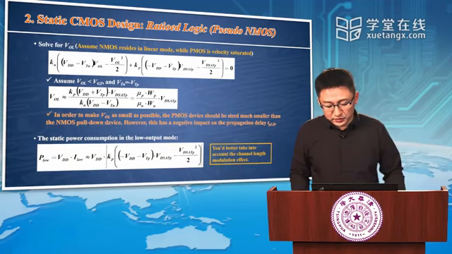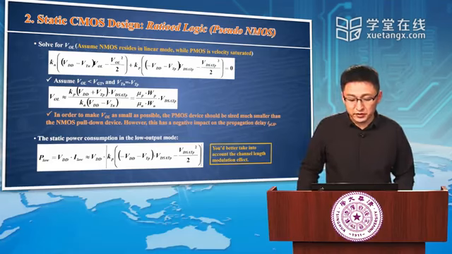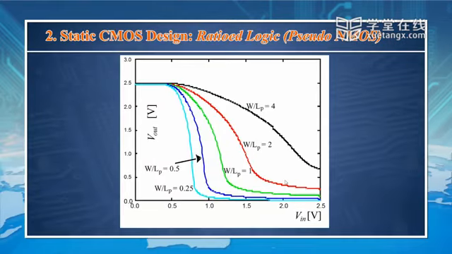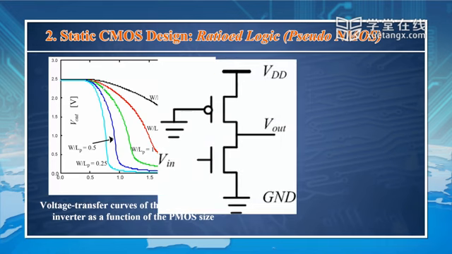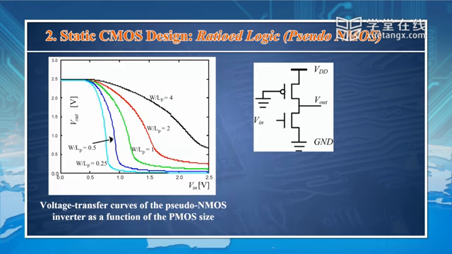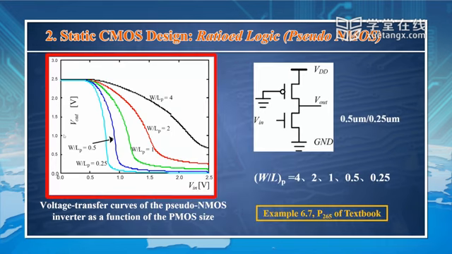So you had better take into account, in some cases, the effect of channel length modulation. And this slide tells us, you can see this picture. This is Vin, this is Vout, okay? If the PMOS transistor is small, then the output can be successfully pulled down.